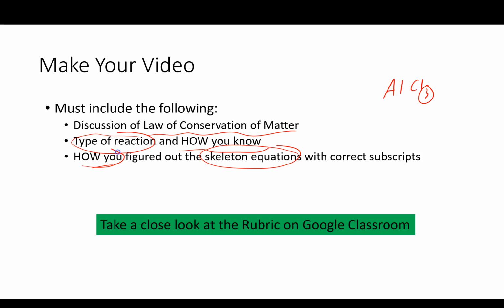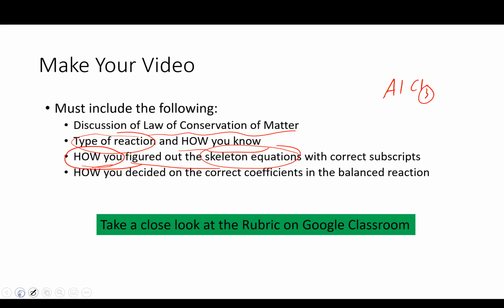That's what I mean when I say how you figured out the skeleton equation. Then you're going to talk about how you decided on the correct coefficients, and that is the balancing part. You can do this in several different ways.